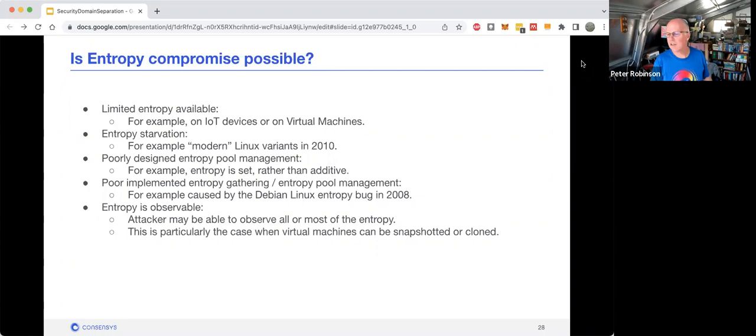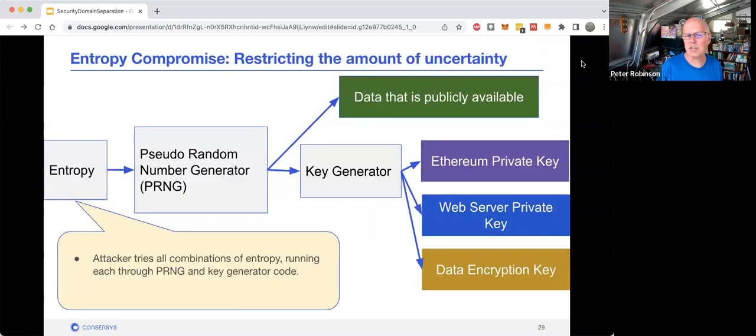You can have poorly designed entropy pool management, so rather than adding more entropy, you essentially set or overwrite the existing entropy. And you can have poor entropy management and gathering. And also maybe the attacker can observe the entropy that you're using. And so this is obviously particularly a problem on virtual machines.